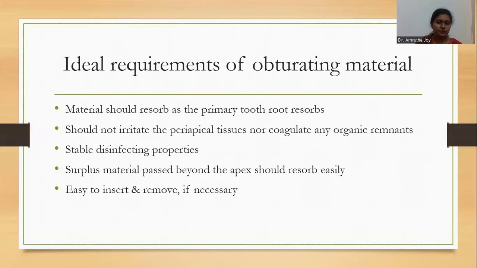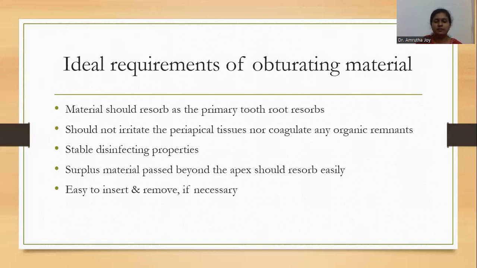Ideal requirements of an obturating material. The material should resorb as the primary tooth resorbs, because when the primary tooth is exfoliating, as the tooth root resorbs, the obturating material also should resorb with the root. Then it should not irritate the periapical tissue or coagulate any organic remnants, and stable disinfecting properties should be there.